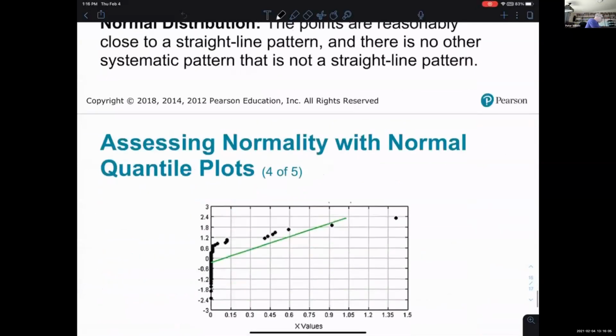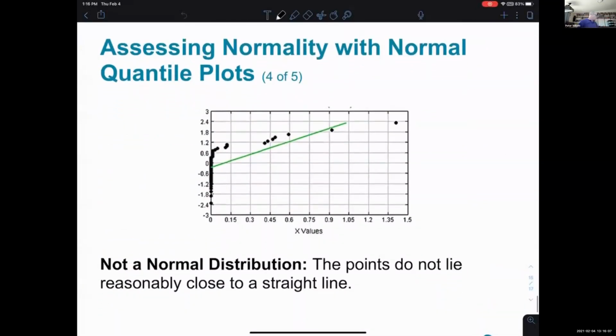And then this would be an example of one that is not normally distributed. The points do not lie reasonably close to a straight line. You can see that they're all lumped over here in the beginning, but then they spread all out to the right, and a line would not be lumped over here and then spread out to the right. And the best line that they could show to match this data here, actually really most of the points deviate very far from that line.